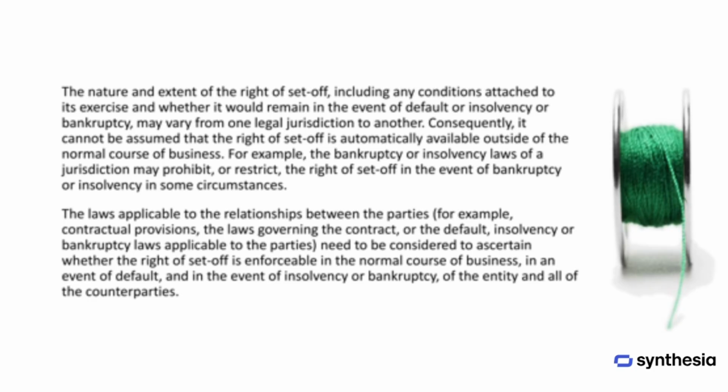To determine whether a right of set-off is enforceable, the laws that govern the relationships between the parties must be considered. This includes the contractual provisions, the laws governing the contract, and any default, insolvency, or bankruptcy laws that apply to the parties. These factors help establish whether the right of set-off is enforceable in normal business operations, in the event of default, and in cases of insolvency or bankruptcy of the entity or its counterparties.